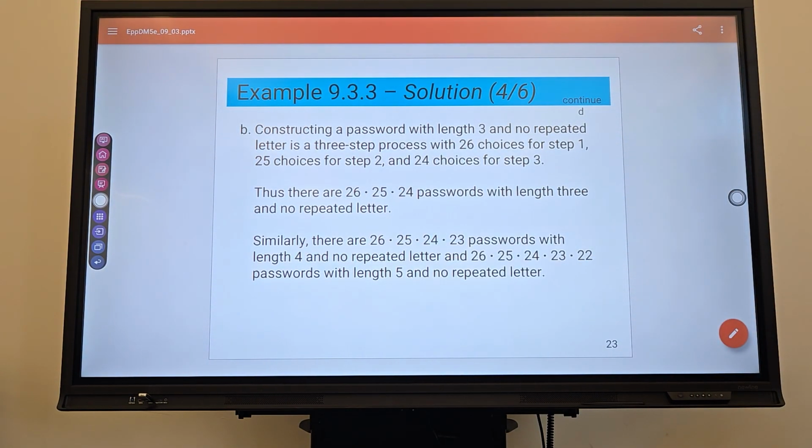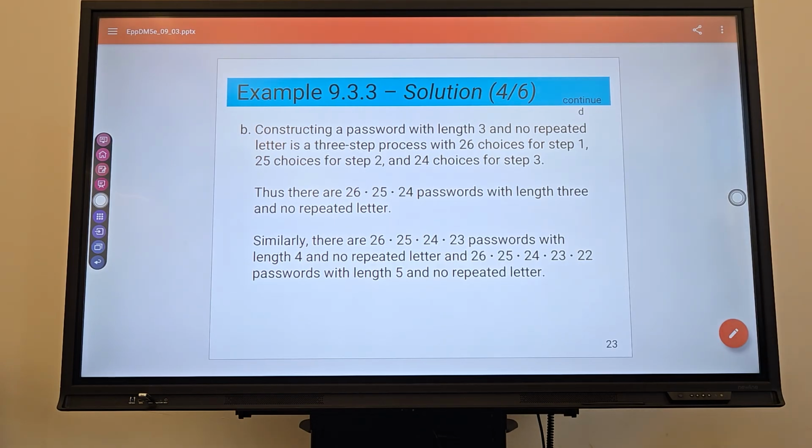Constructing a password with length 3 and no repeated letters is a 3-step process with 26 choices for step 1, 25 for step 2, and 24 for step 3. So there are 26 times 25 times 24 passwords with length 3 with no repeated letter.